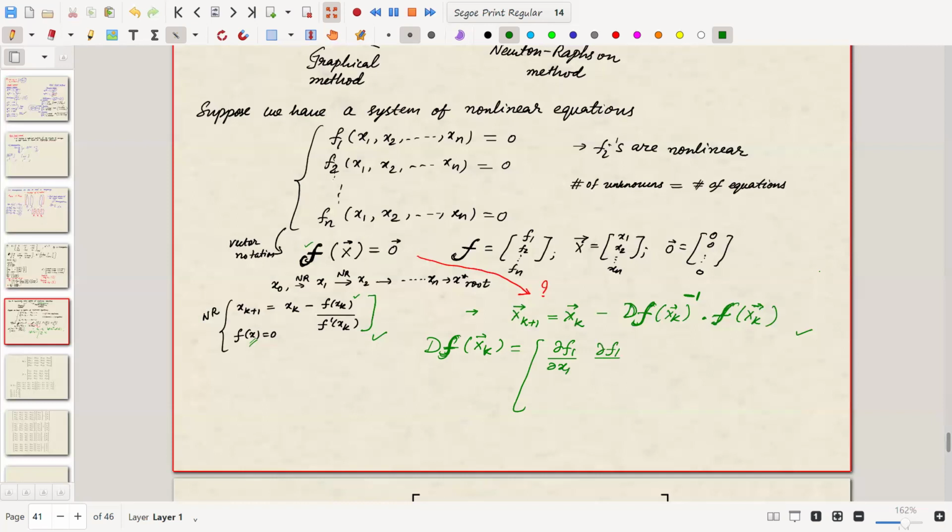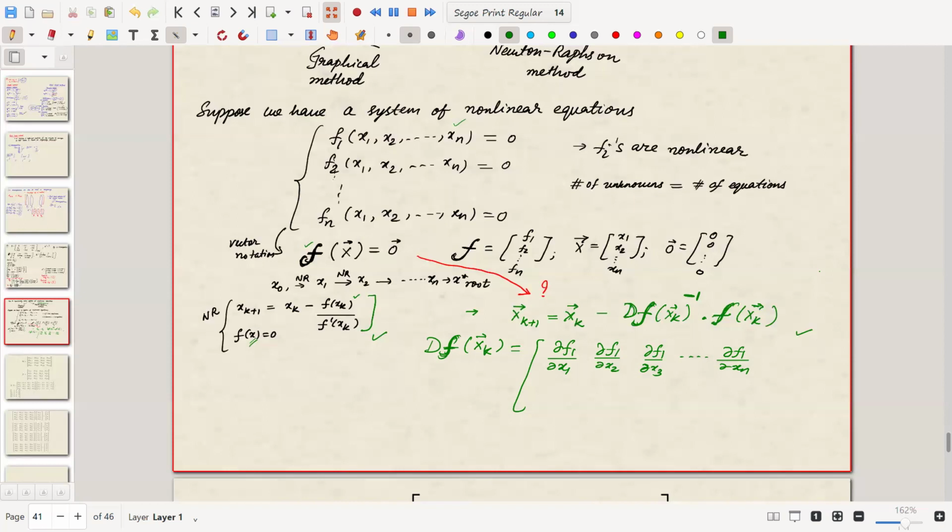You partially differentiate: dou f1 by dou x1, dou f1 by dou x2, dou f1 by dou x3, so on. You keep on going till dou f1 by dou xn, because you have x1 to xn. Now the business of f1 is done.